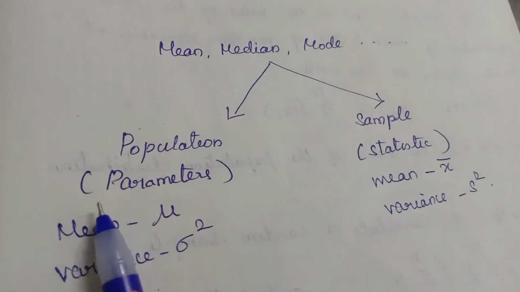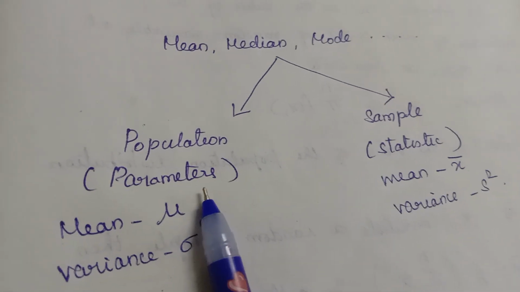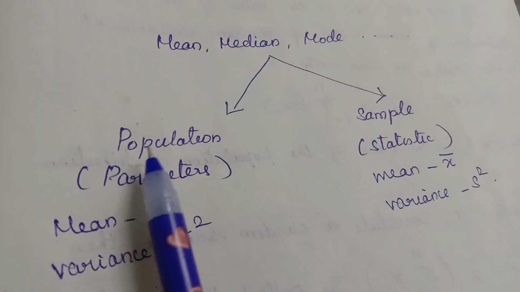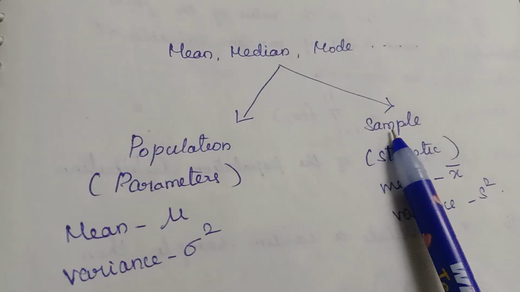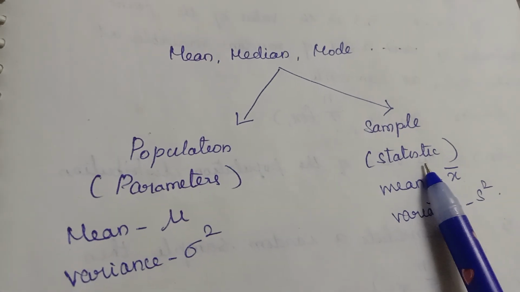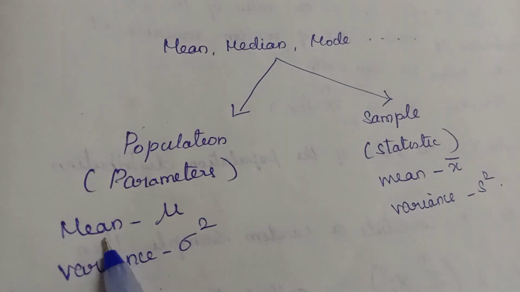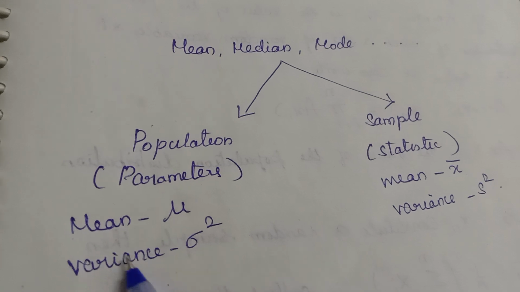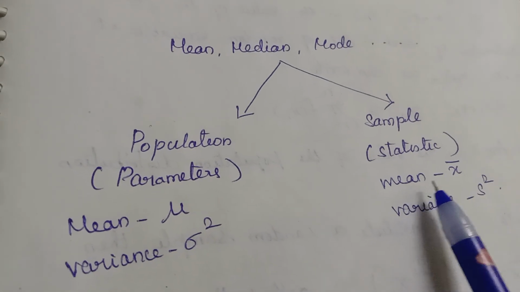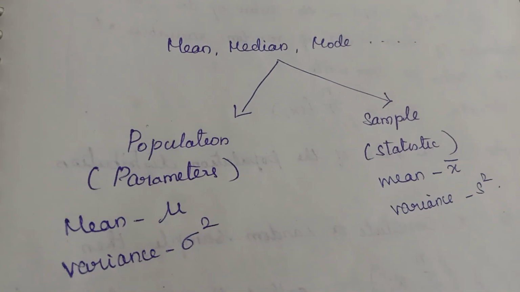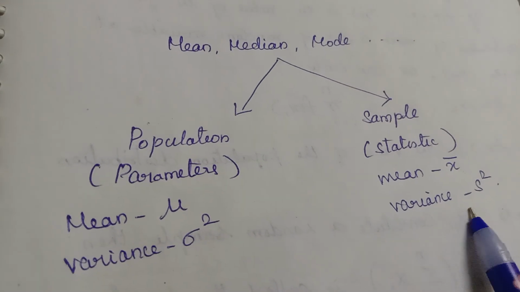For the population we call these measures parameters, meaning it is meant for the population. The same thing calculated for the sample is called a statistic. These are the standard notations we will use in this video: the population mean is denoted by mu and the sample mean by x bar, the population variance is sigma square and the sample variance is s square.